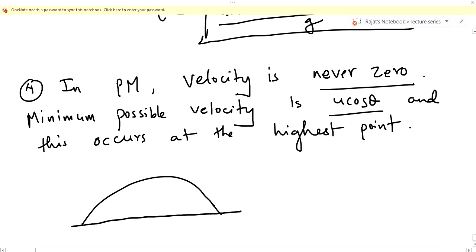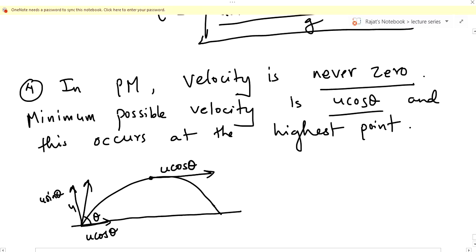If you are throwing a projectile, we know that the horizontal component will always remain constant, u cos theta. The vertical component keeps on changing. As the projectile goes up, the vertical component keeps on decreasing due to the effect of acceleration due to gravity. But what at the highest point? At the highest point, the vertical component is zero, but the projectile is still moving forward. And this is due to the horizontal component of velocity, which does not change.